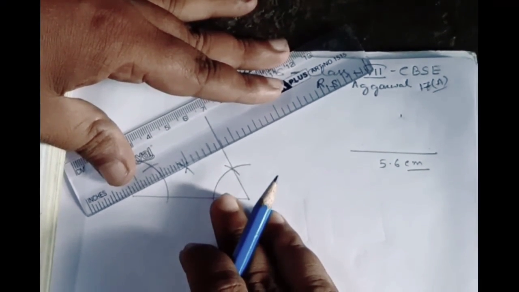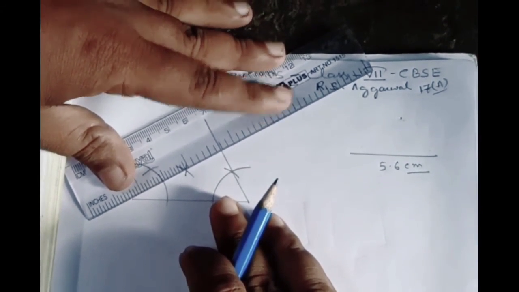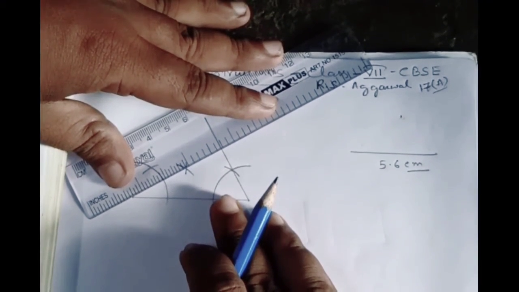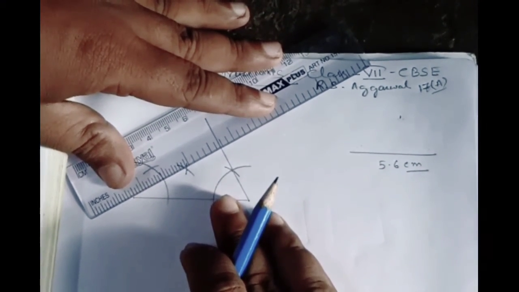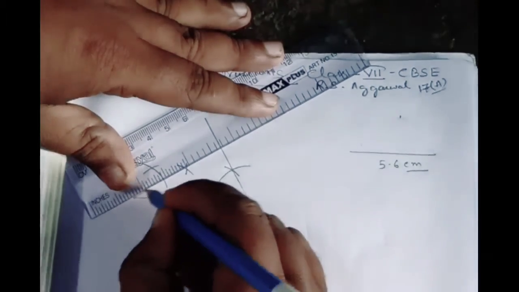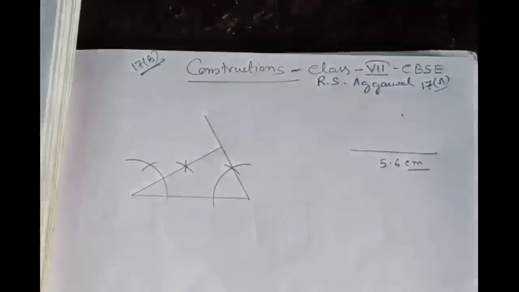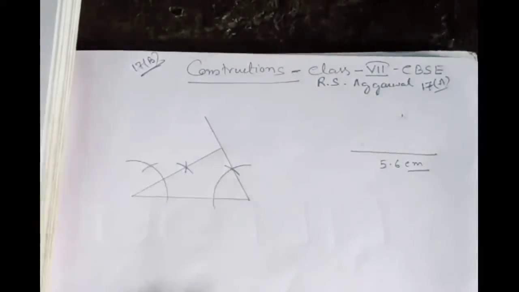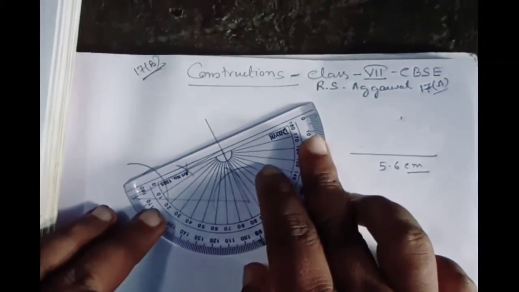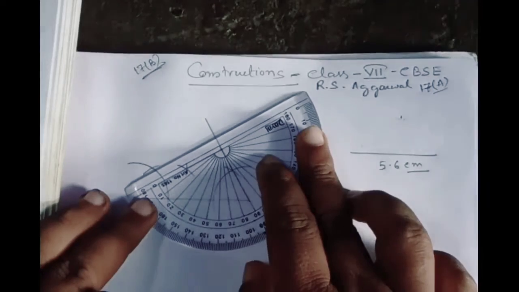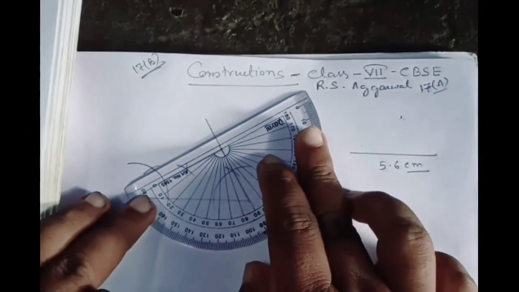Again we are joining this. So obviously if we measure this angle, this should be 90 degree. As you can see, this should be how much? 90 degree.